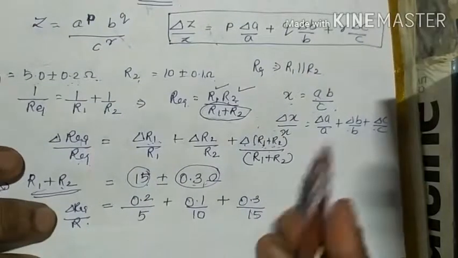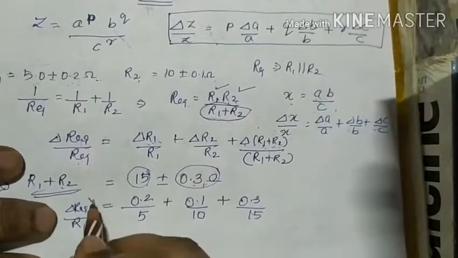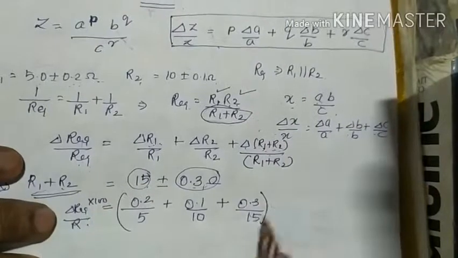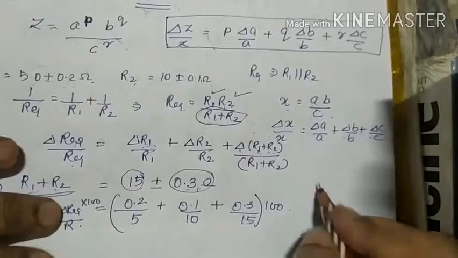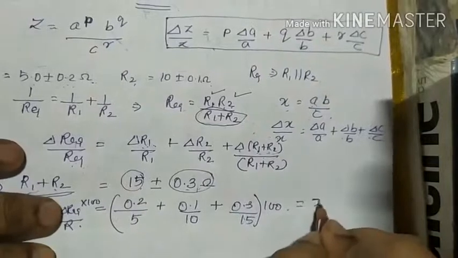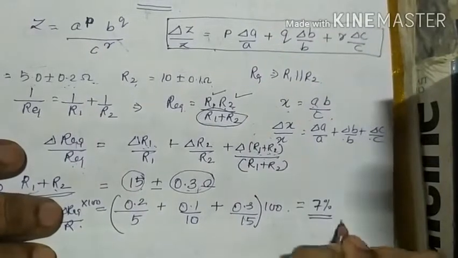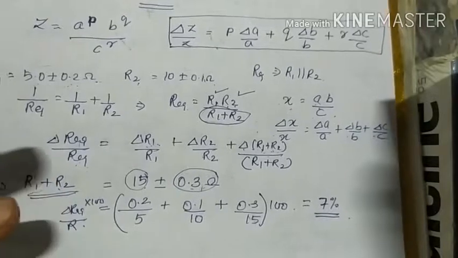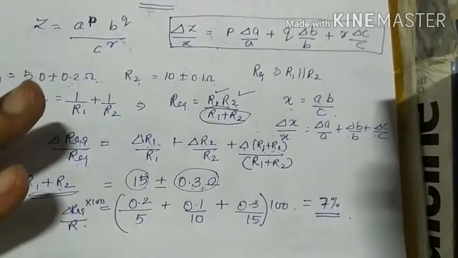If you are asked for percentage error, you have to multiply throughout with 100. Now the calculation you have to do by yourself. You will get a value of around 7%. It's very easy if you understood the logic of it, guys.